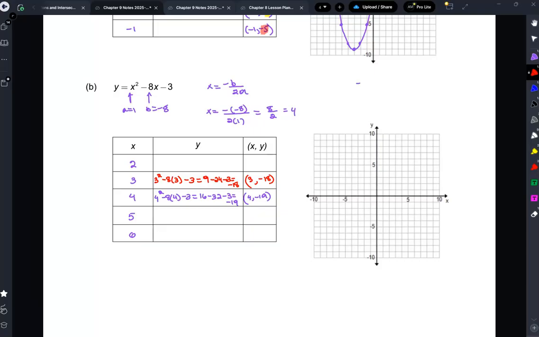Okay? Then the one above it, 2 squared minus 8 times 2 minus 3. 4 minus 16 minus 3. How much? Negative 15.